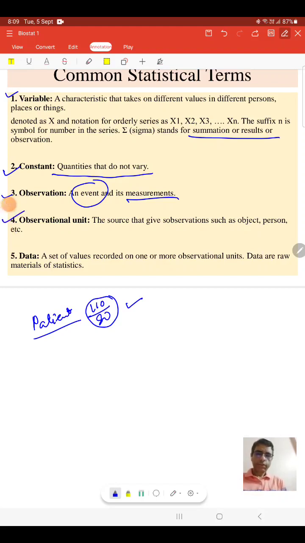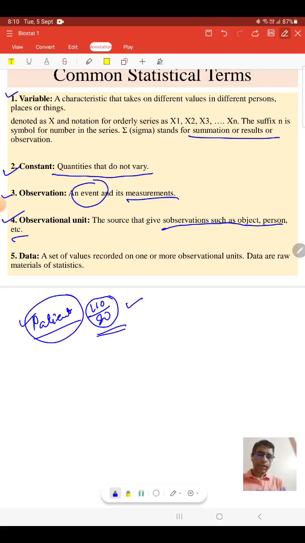What is an observational unit? The source that gives the observation, that is, object, person, etc. Say here the patient is the observational unit; the one from whom you have got the observation is the observational unit.